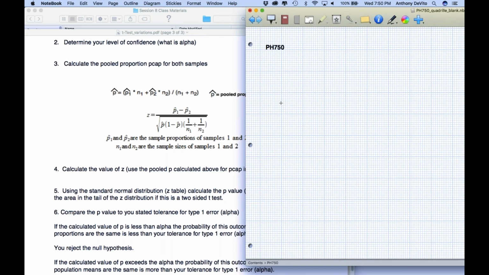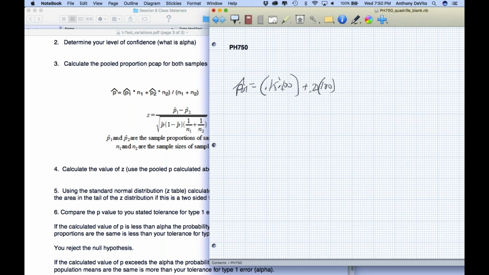So I am going to do my pooled proportion. P pooled is going to be equal to 0.15 times 100 plus 0.20 times 100, over 200.